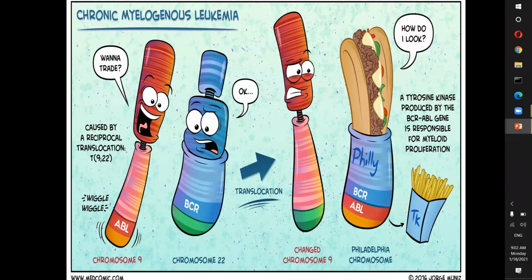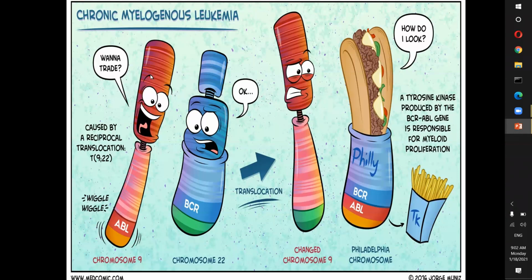It is a translocation between chromosomes 9 and 22.